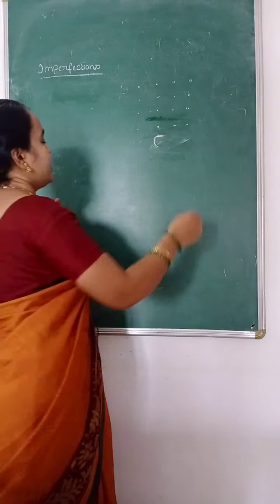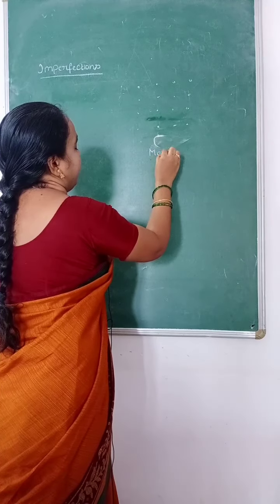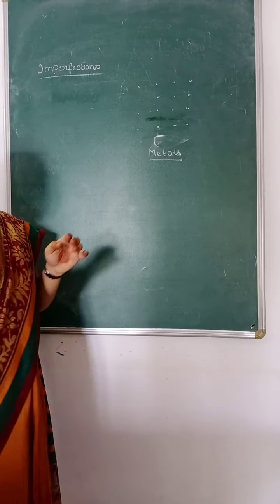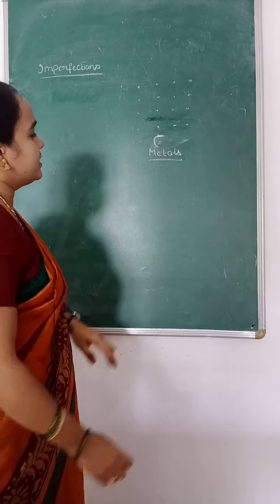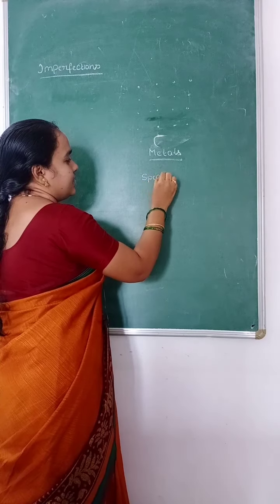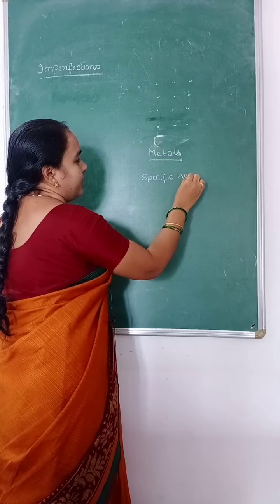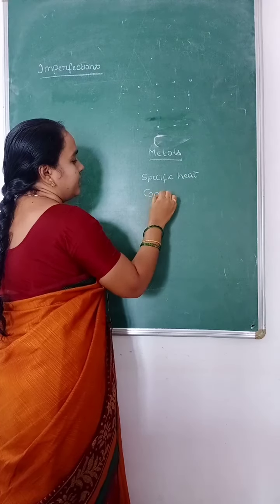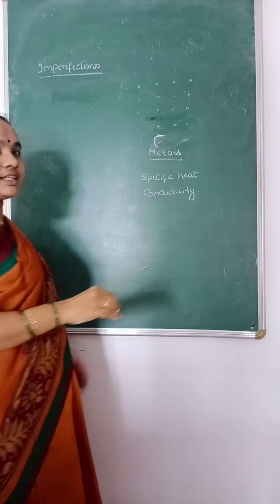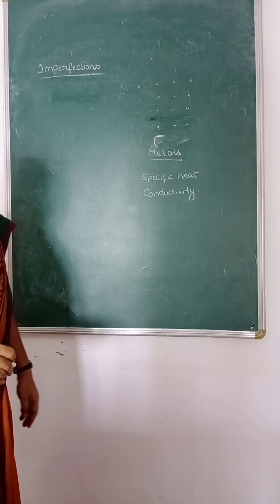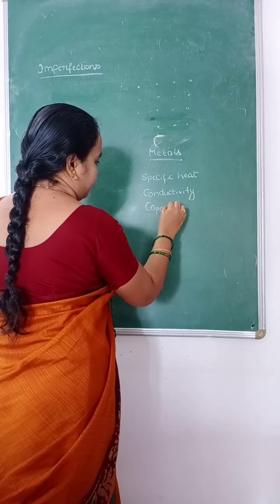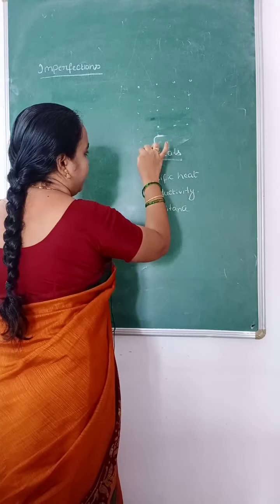These imperfections are observed especially in metals. What does this affect? These imperfections will affect the metallic properties such as specific heat, and they will also affect the conductivity, obviously the resistivity and the capacitance of the metals.